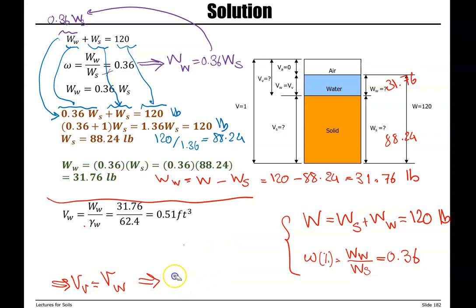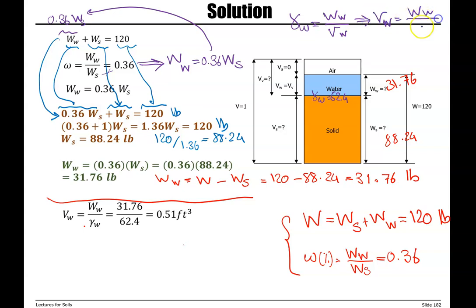Now we need to calculate the volume of water. We have weight of water. Gamma W is 62.4. So one more time, gamma W is weight of water divided by volume of water. When we have weight and we need to calculate volume, we can rearrange this formula, and the new formula is volume of water is equal to weight of water divided by gamma W. So weight of water, we have 31.76.